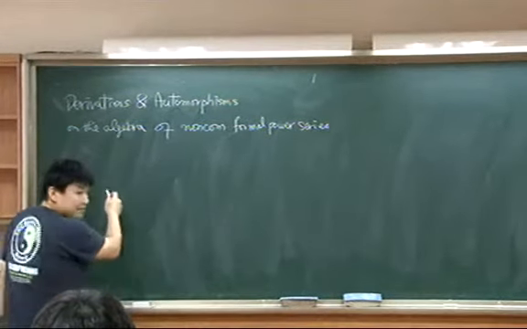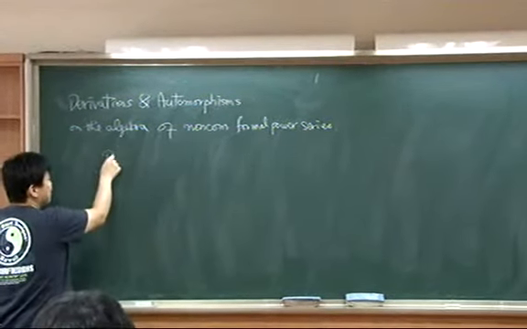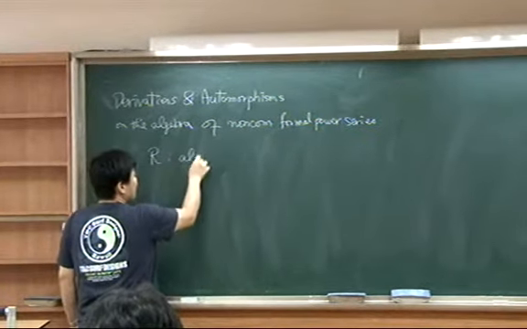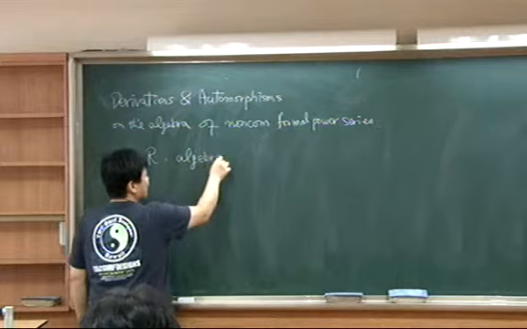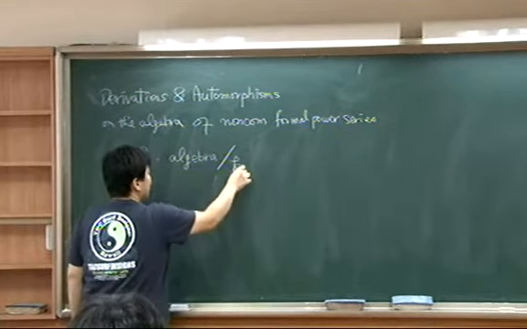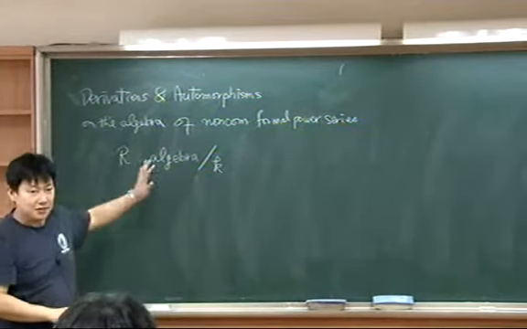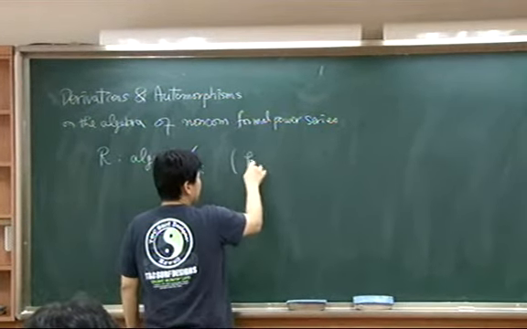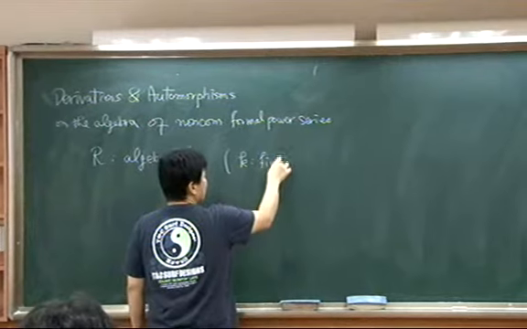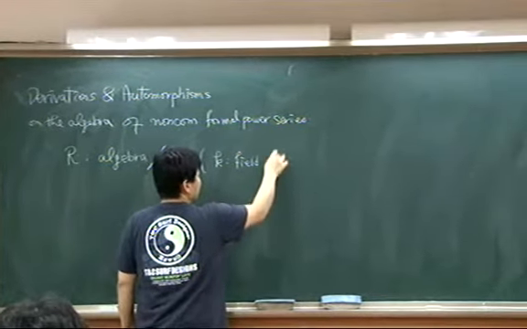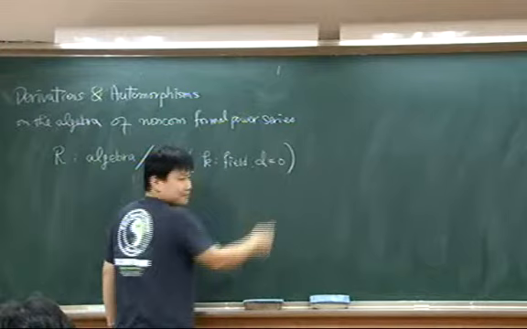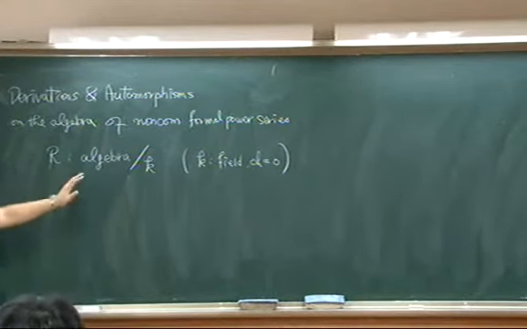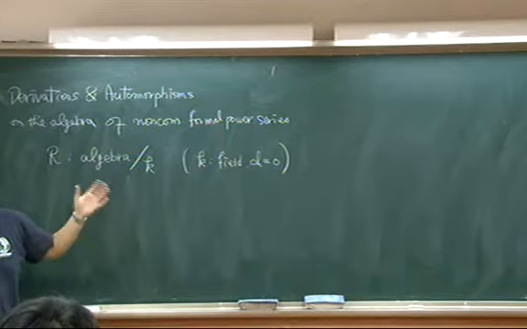So, in general, if we have an algebra R over a field K, where algebra means associative algebra. Today, I assume K is a base field of characteristic 0. If we have an algebra R, we can consider two important classes of linear operations.